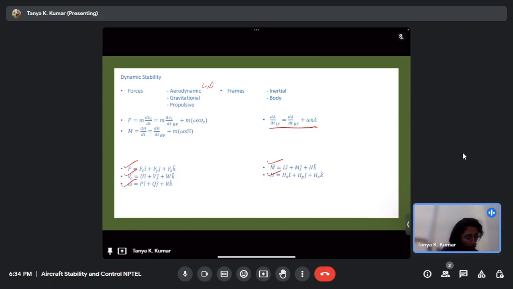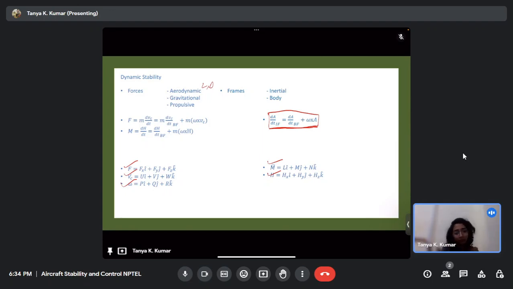So this is called the Reynolds transport theorem, which gives the relationship between derivatives in the body and the inertial frame. Can anyone define how the inertial and body frames are defined, or give me the difference between them? Let's actually start with that.